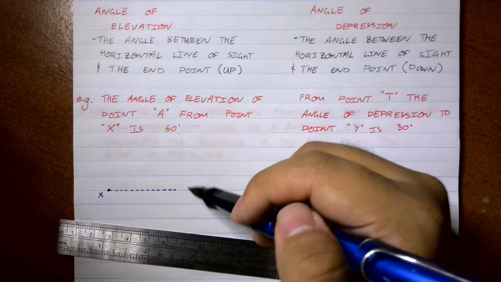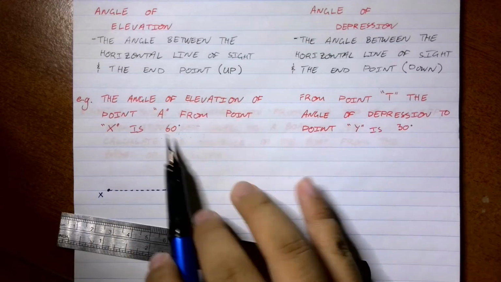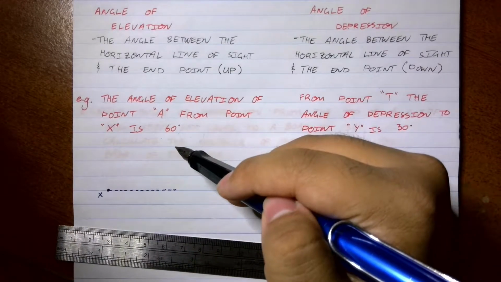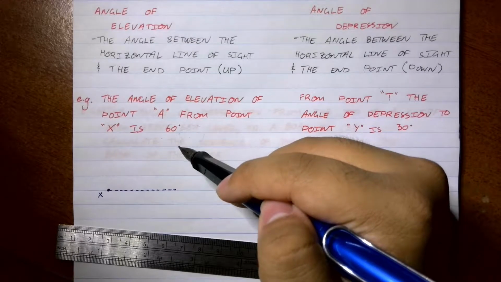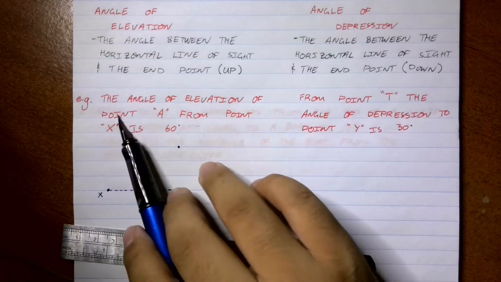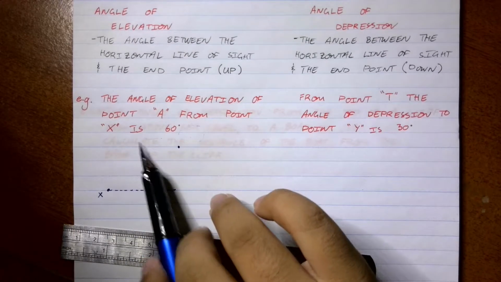So let's say this is where they were looking at. So this is where they were looking, and then they elevate their view upwards to 60 degrees. Let's say it's up here. All right, the angle of elevation of point A from point X is 60 degrees.